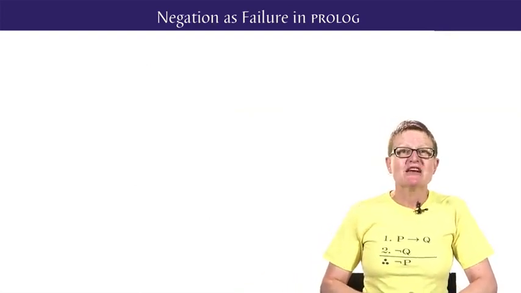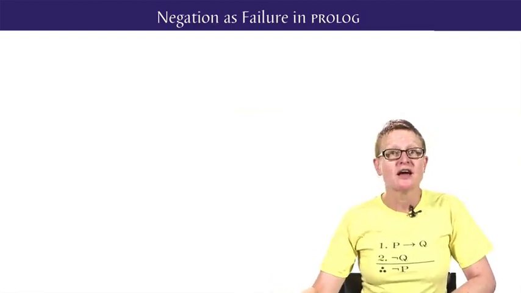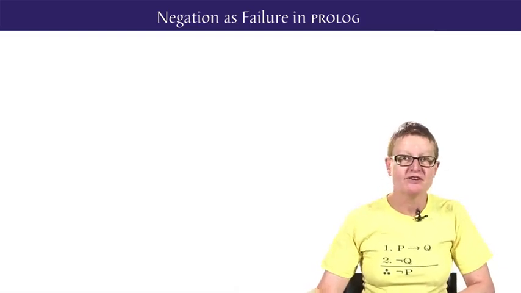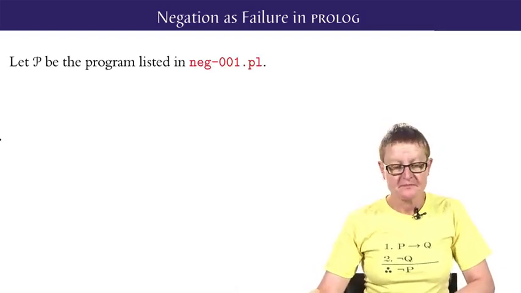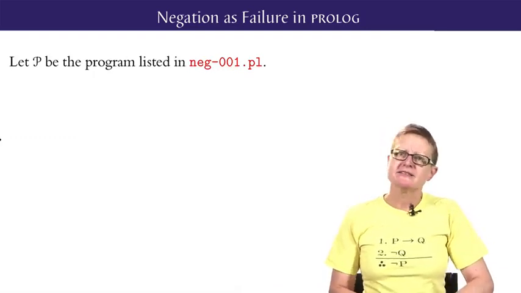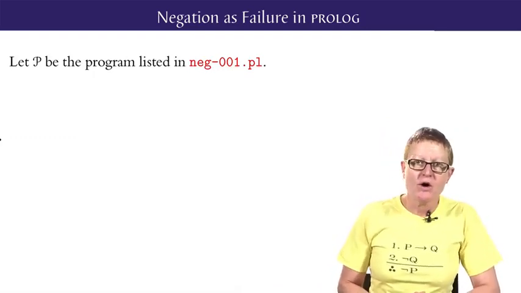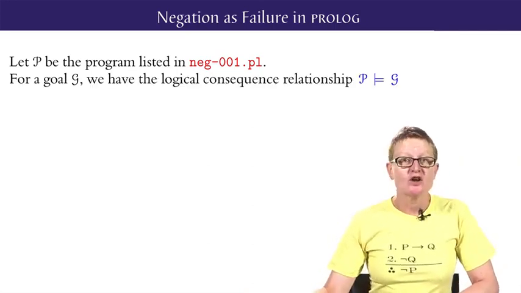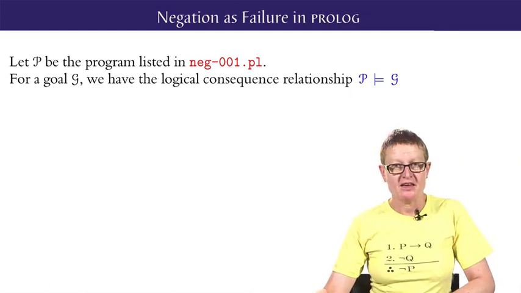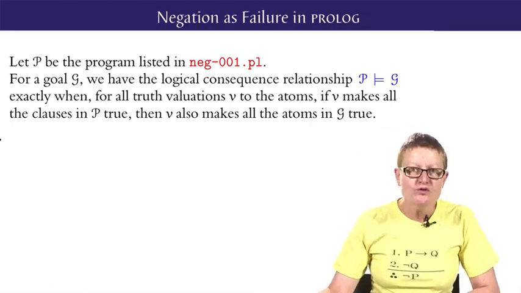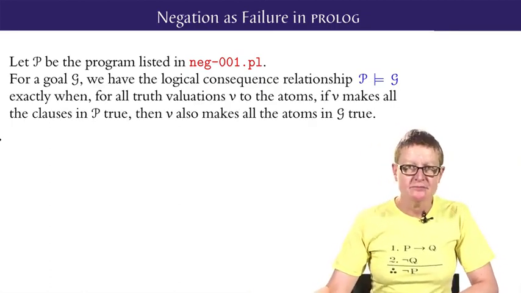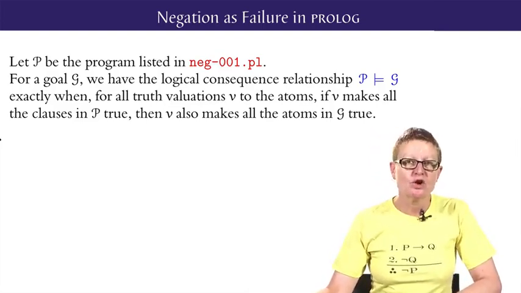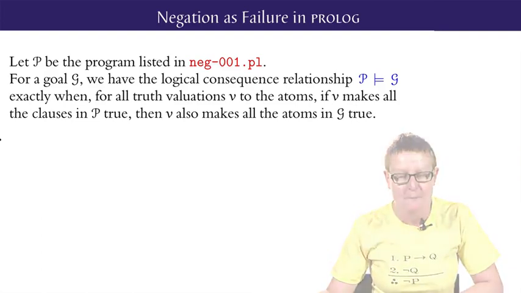But caution is required because PROLOG with this restricted negation operator is no longer sound for logical consequence. Let P be the program listed in neg001.pl on the previous slide. A goal G is a logical consequence of P exactly when, for all truth valuations V to the atoms, if V makes all the clauses in P true, then V also makes all the atoms in G true.